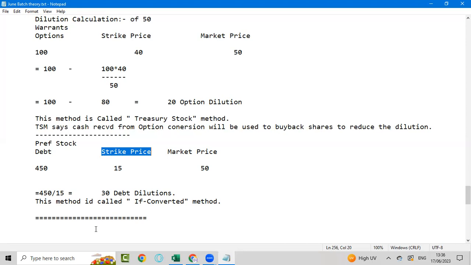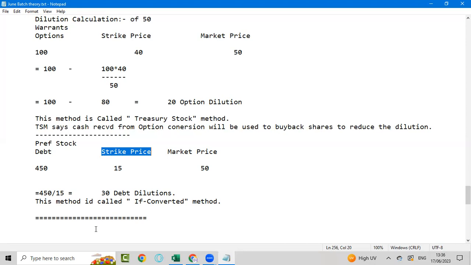This is diluted EPS. Have you heard about the PE ratio? In that PE ratio, which EPS are we considering? Basic or diluted? Diluted, not basic. Okay. 15 minutes more and then this EPS discussion will be over. Why are we calculating diluted EPS? That is the question.